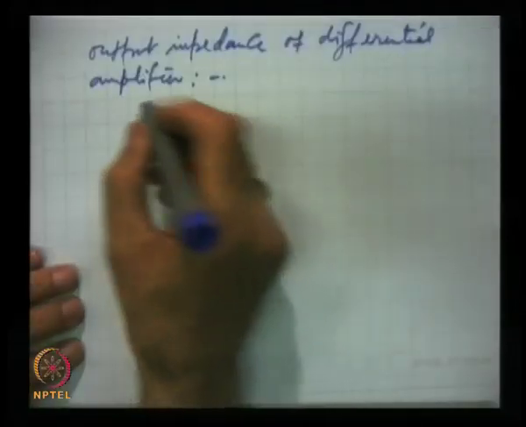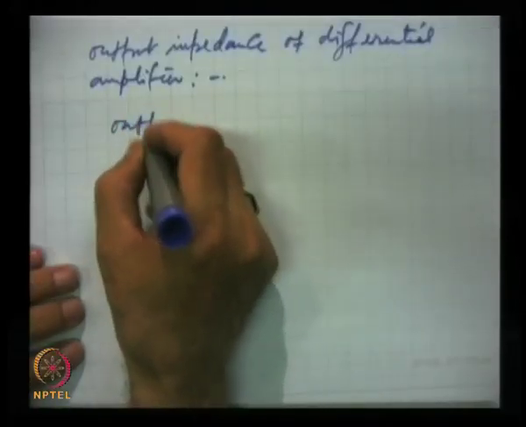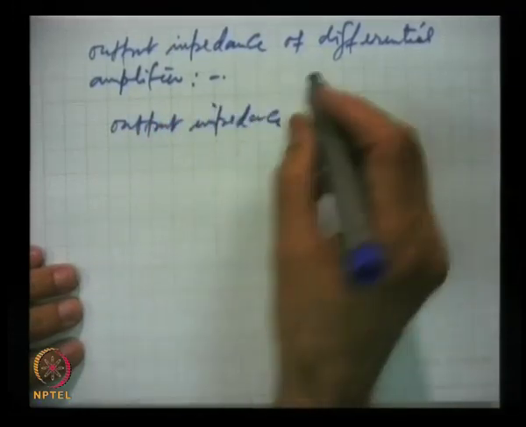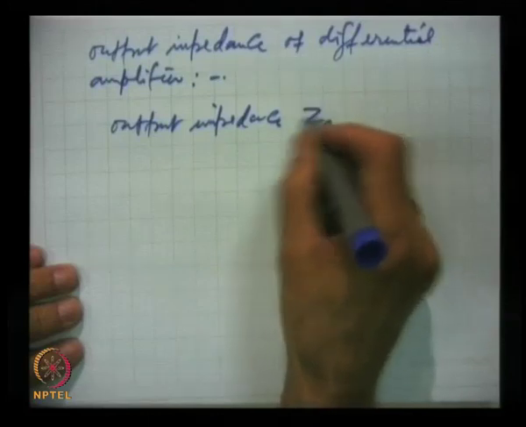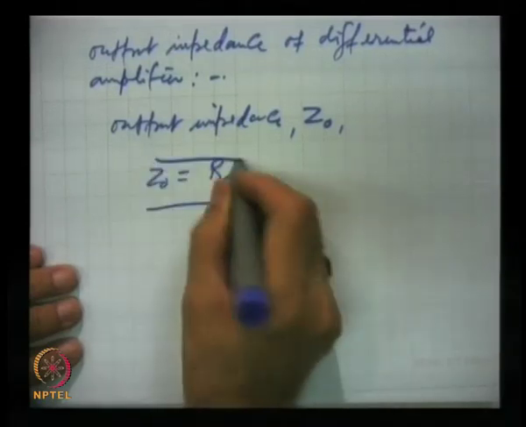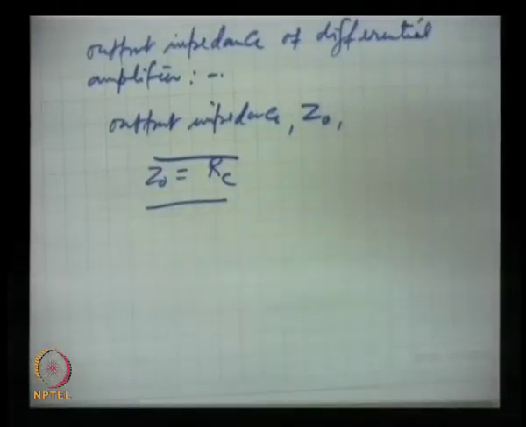Therefore, output impedance ZO is equal to RC. Whatever RC is, if it is 500 ohms or 1 kilo ohm, that will be the output impedance.